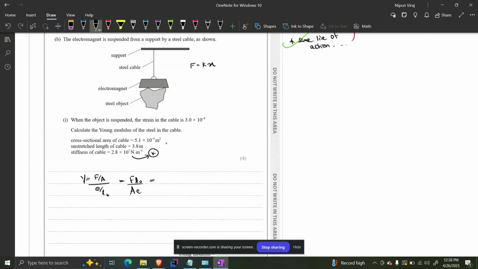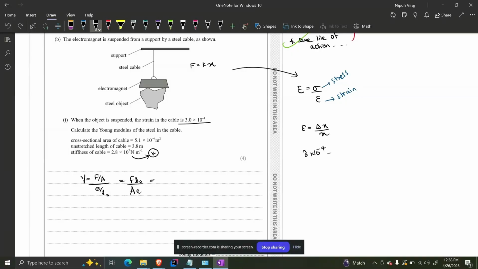Okay, and we know that Young's modulus is equal to sigma over epsilon, where this is stress and this is strain, right? And they have given that strain is equal to delta x divided by x, and they have given a value: strain is 3 into 10 to the power minus 4.